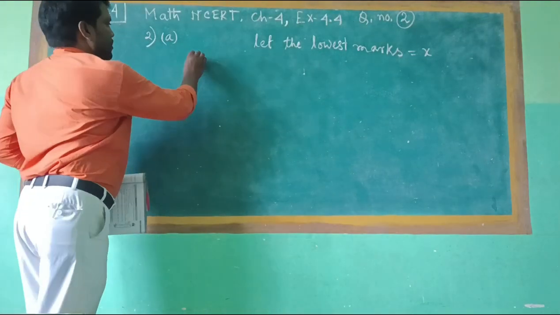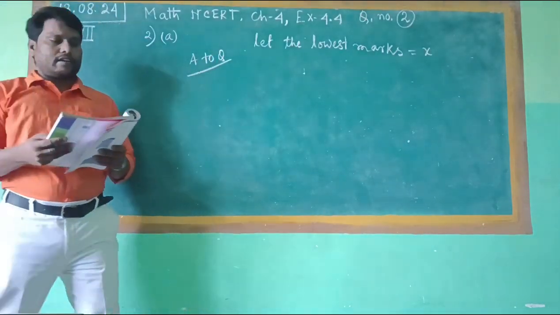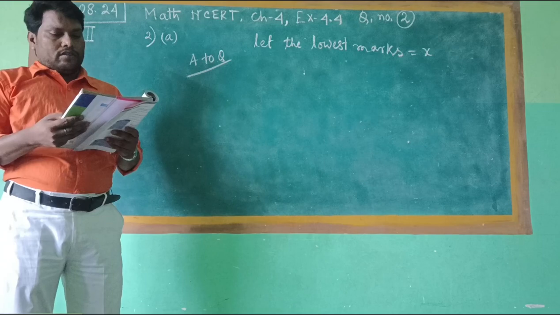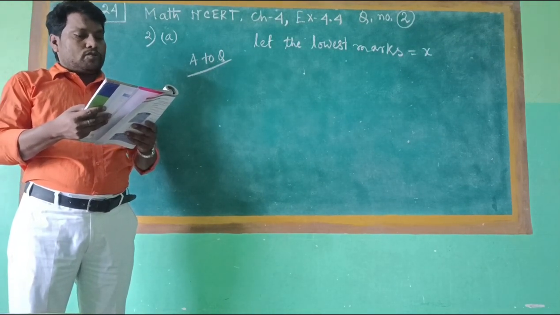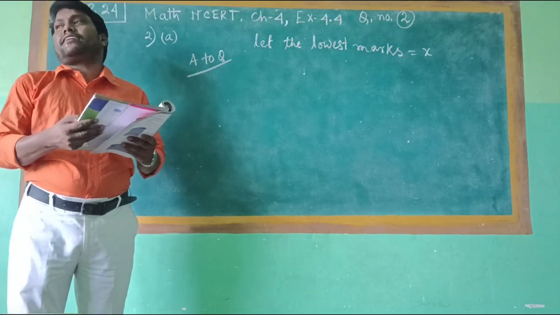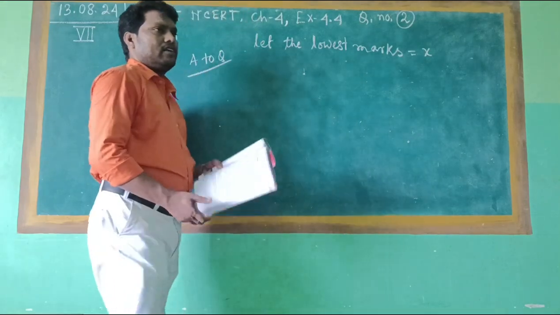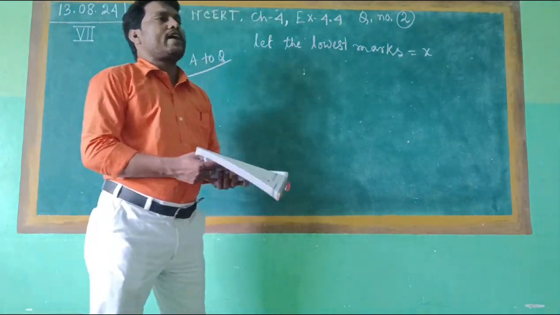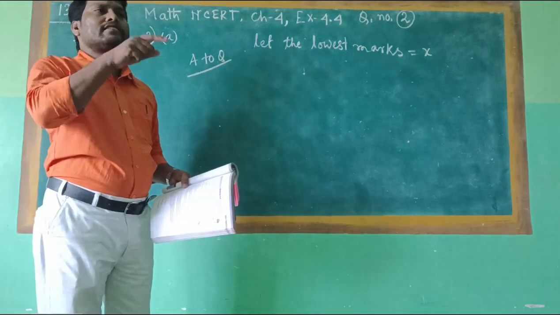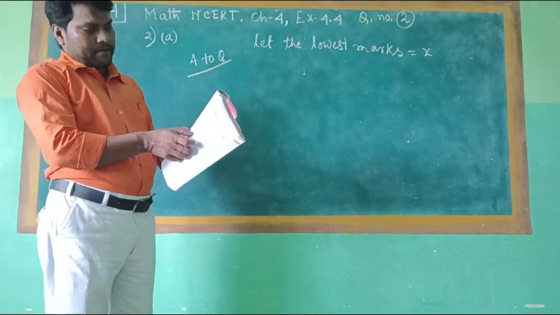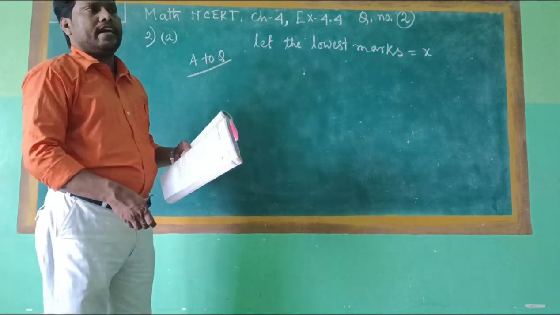So according to the question, what is the highest score? It is twice the lowest marks plus 7. So twice the lowest marks means 2 into x, plus 7, and the highest score is 87, that is equal to 87.